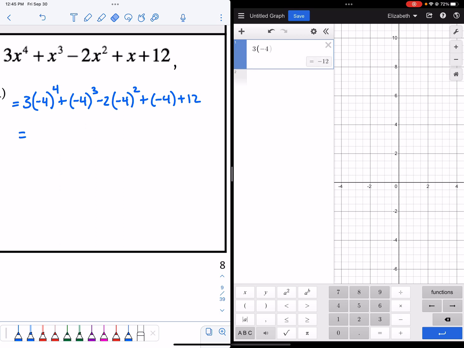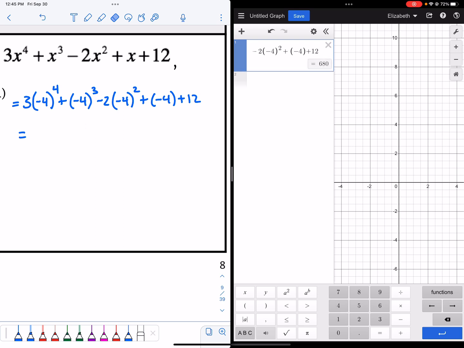So 3 times -4 to the 4th power, plus -4 cubed, minus 2 times -4 squared, plus -4. I'm just going to leave it the way I wrote it. And then plus 12.